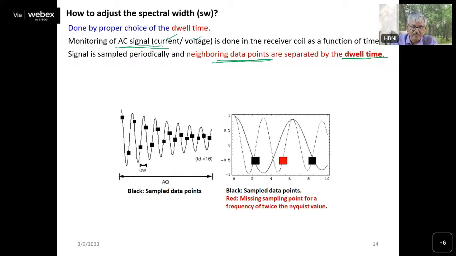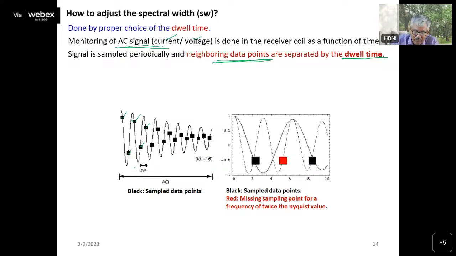You can see that this is a continuous signal, but we will not be recording the continuous one. We will be recording the intensity of, let us say, current or voltage at this point, and then again at this point, this point, this point. The time gap between these points is called the dwell time.